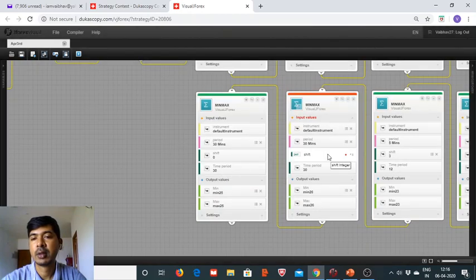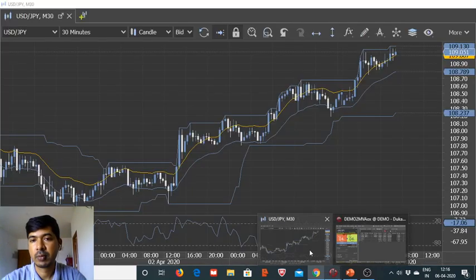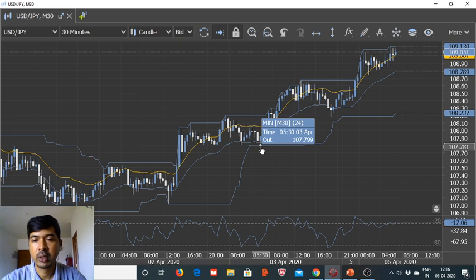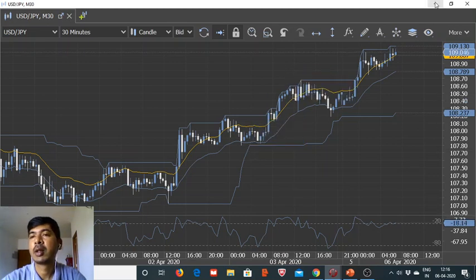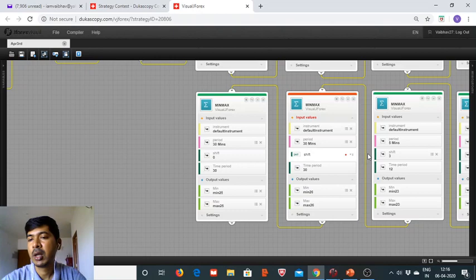Yes, let me just check once again. Suppose this is the current value, shift 1, shift 2, shift 3 and shift 4. So we will get the minimum value of the last 12 hours, from 2 hours back.